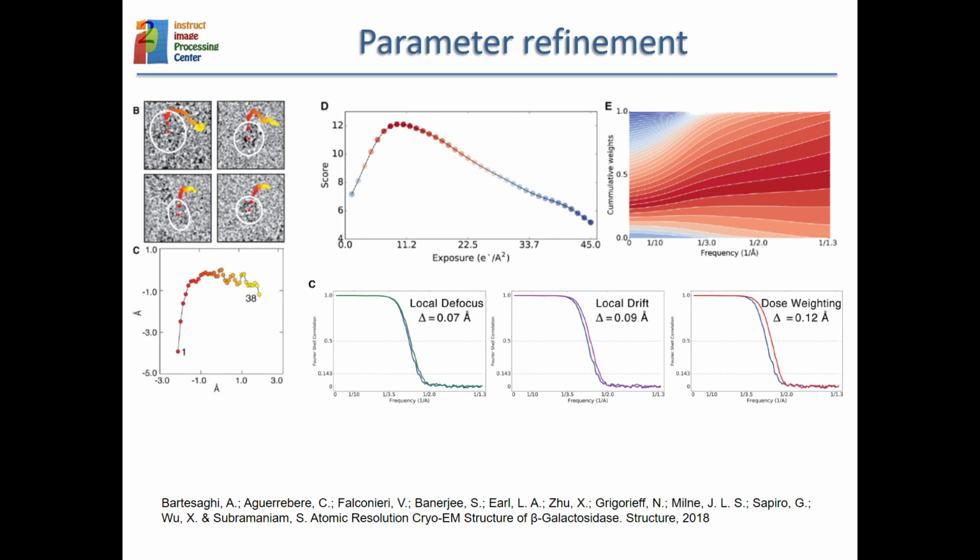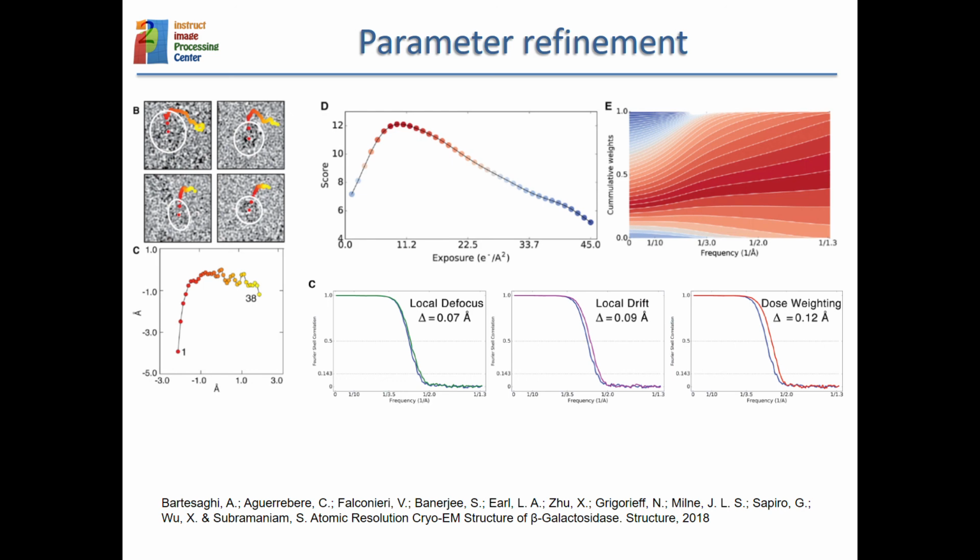And also, for instance, this is another change on B, so on the experimental data. Since I have all the frames, I may try to estimate the relative damage that each one of the frames for a particular particle, or a micrograph at most, is suffering.